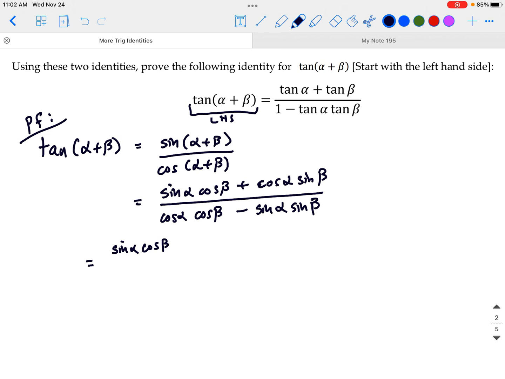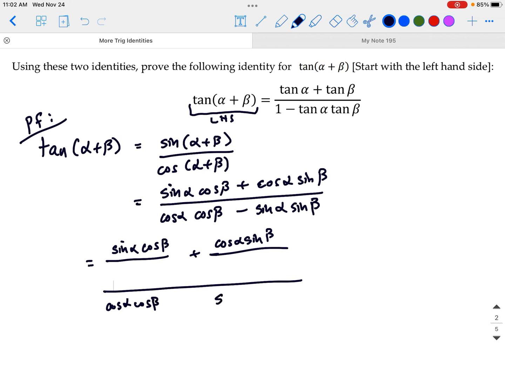So we'll have sine alpha cosine beta, cosine alpha sine beta, cosine alpha cosine beta, and sine alpha sine beta. So we'll write all those expressions again, and we're going to again divide by this convenient expression, cosine alpha cosine beta.